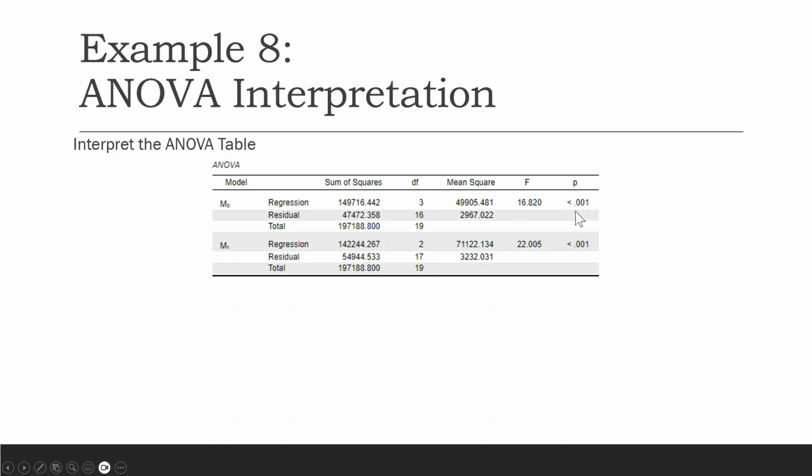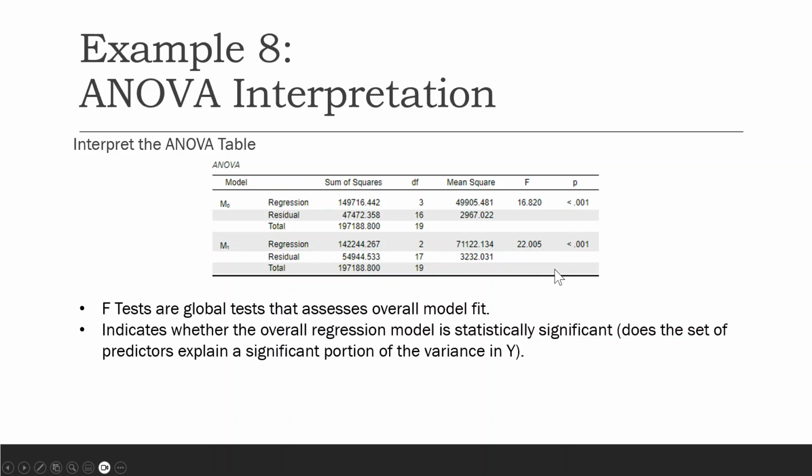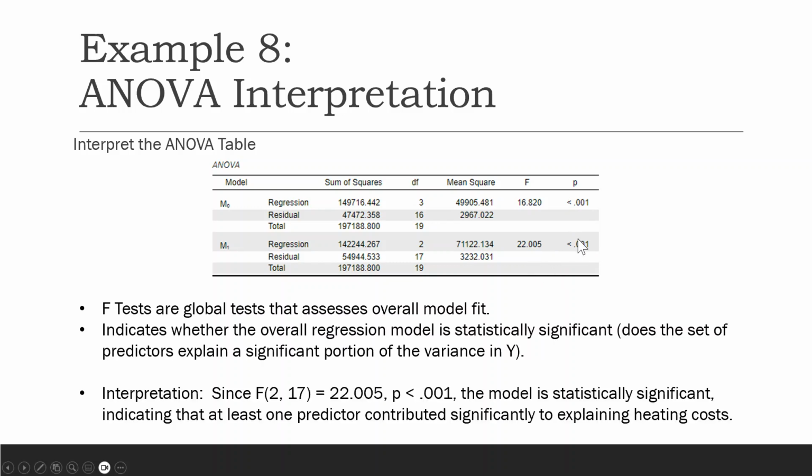All right. So for each model, we get an F statistic and a p-value, right? And so in our final model, M1, we have an F statistic equal to 22.005. We have degrees of freedom regression and residual of 2 and 17. And we got a p-value less than 0.01. So this basically means that the model is statistically significant.